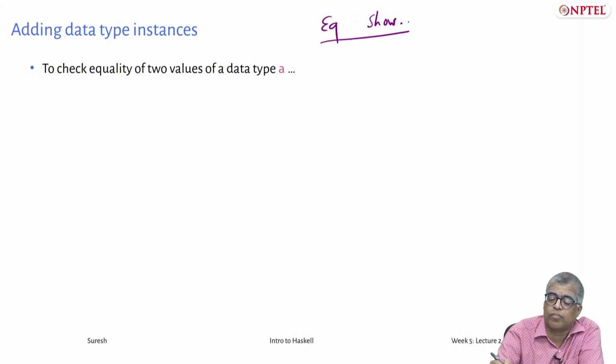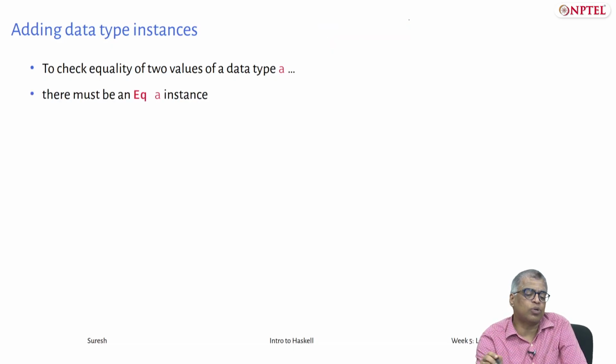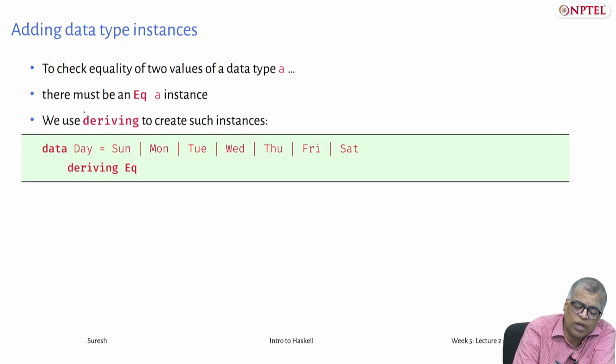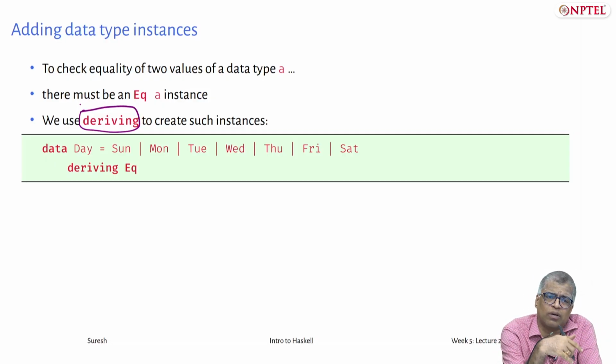To check equality of two values of a data type A, there must be an Eq A instance. So you use the deriving keyword. This is a new keyword. So far you have learnt two new keywords, data and deriving.